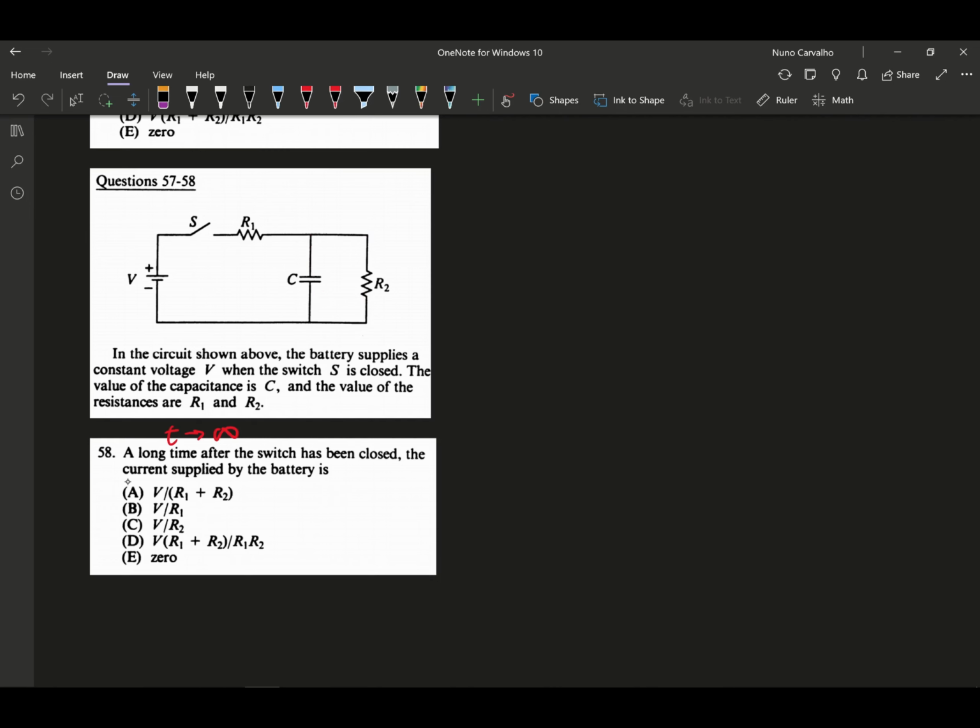Okay, well, if 0 current is going through here, we can just use Kirchhoff's rules to say that, well, let's just think about the current as going in this direction in this loop, which is to say that V minus I R1 minus I R2, because keep in mind, the current is splitting into, well, here it's 0, and so here it's going to continue being I, which it starts with here.